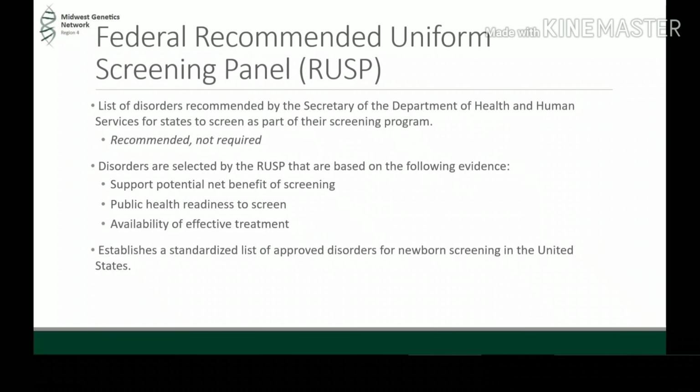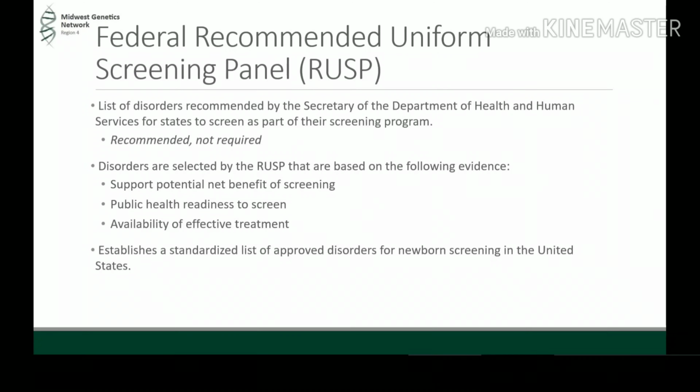And while the application of this new technology led to the ability to screen for many more disorders both quickly and cheaply, it also led to wide-ranging disparities between state programs in terms of particularly how many different disorders were being screened from state to state. So in 2006, in an effort to provide uniformity to state programs, the American College of Medical Genetics, along with the Health Resources and Services Administration, identified a list of disorders for which they recommended that all state programs should be screening.